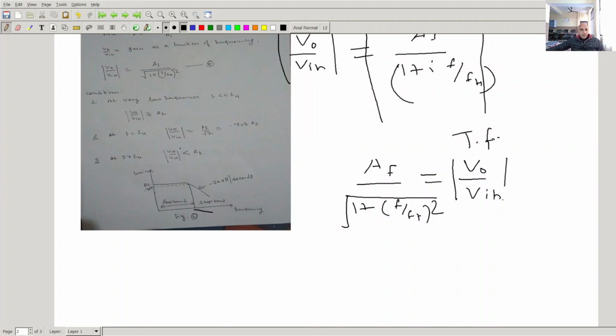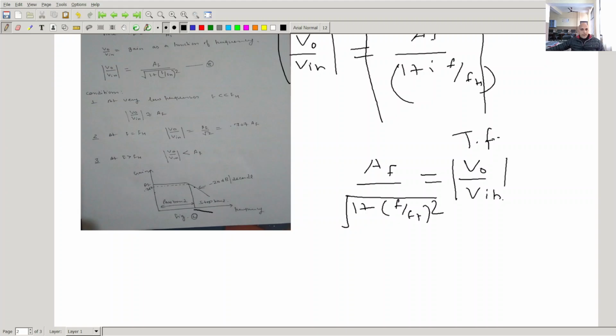But you can see the different conditions. At very low frequencies, when F is very much less than FH, then we can ignore this, right? Under root 1 means 1, so B output upon B input is equal to AF, the gain. Same, so it is AF. When F is equal to FH, 1 plus 1 is 2, so AF upon under root 2, that is 0.707 AF.